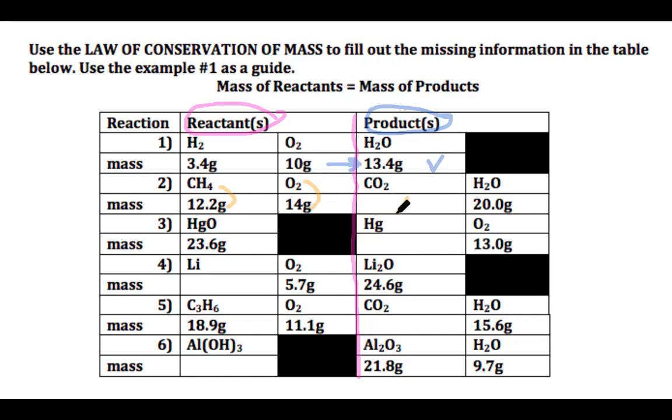Okay, so let's take carbon dioxide as X. So now I'll work out the problem here. It's just solving an equation with one variable. So 12.2 plus 14 equals X plus 20.